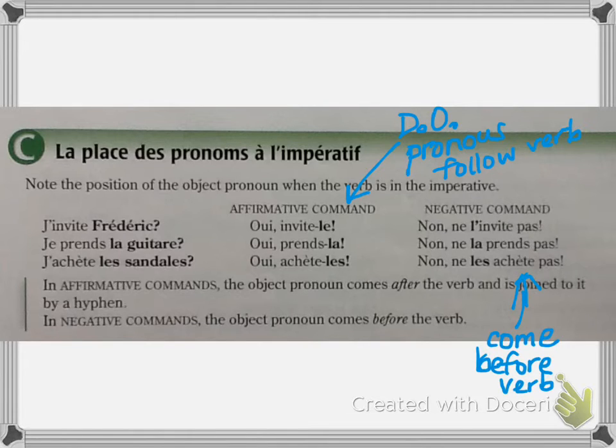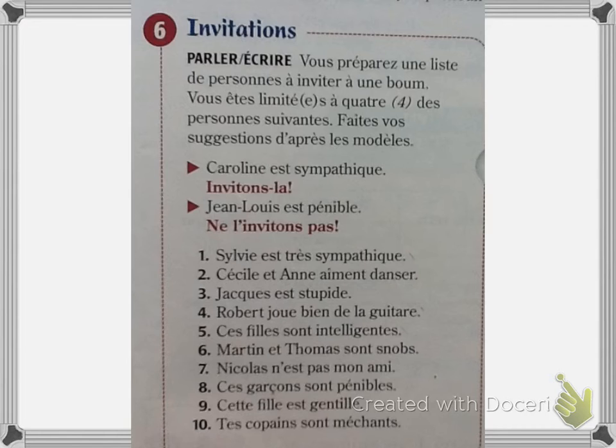So in affirmative commands, the object pronouns come after the verb and are joined to it by a hyphen. In negative commands, the object pronoun comes before the verb. And this is exactly the same as the way we learned it in lesson 27. That's nothing new. So let's practice this a little bit with exercice 6, invitation.